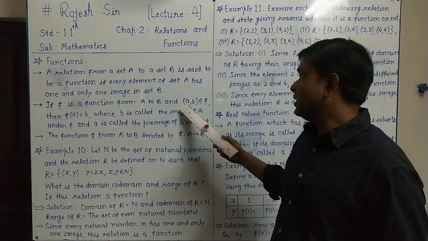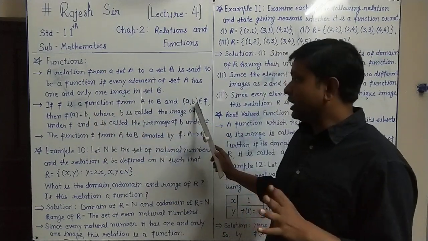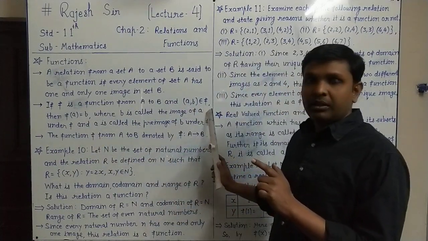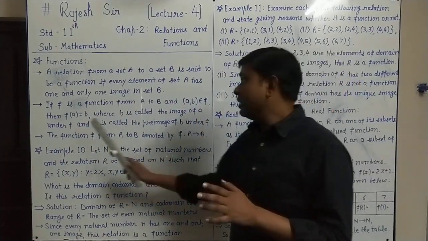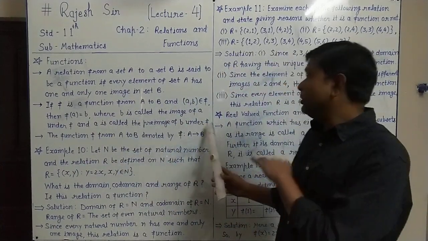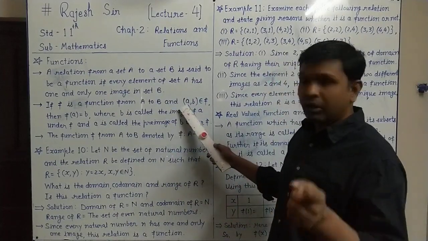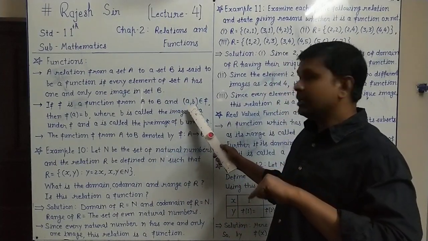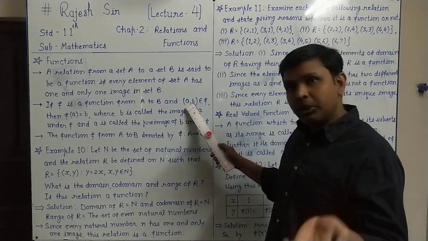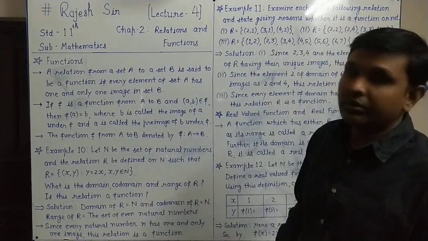The value of the function at a is b, where b, the second element, is called the image of a under f, and a, the first element, is called the pre-image of b under f.